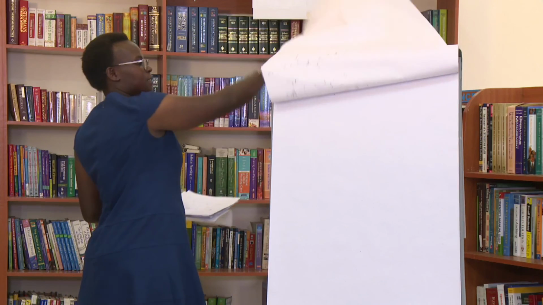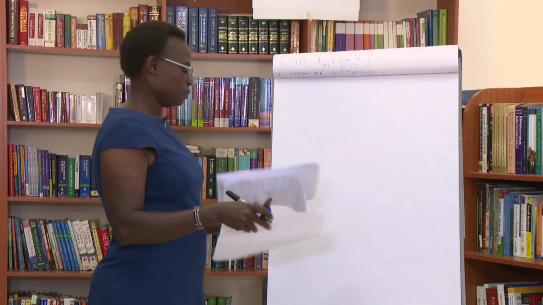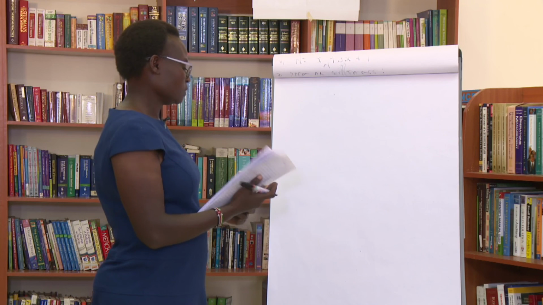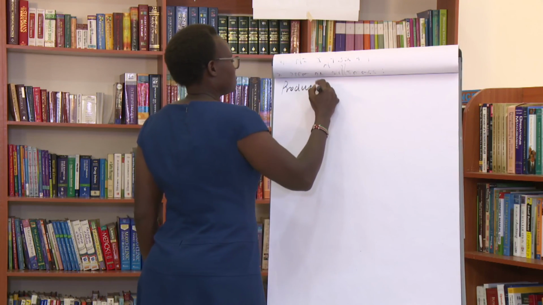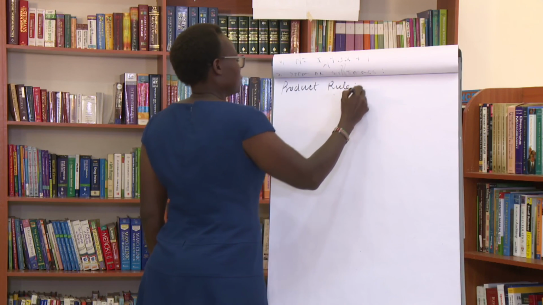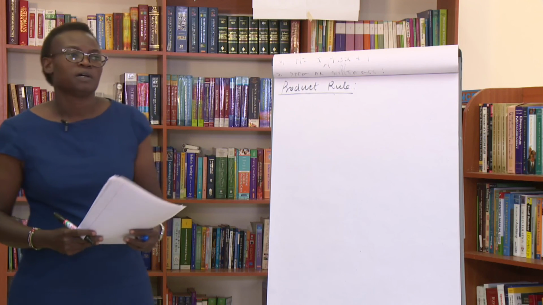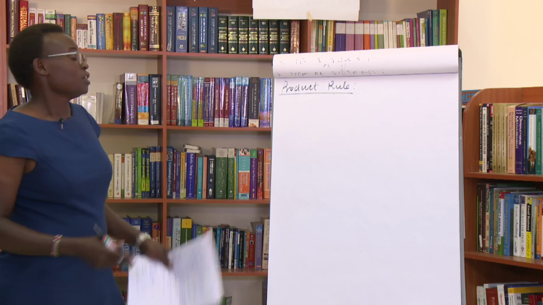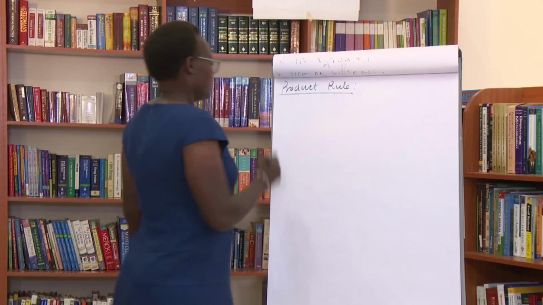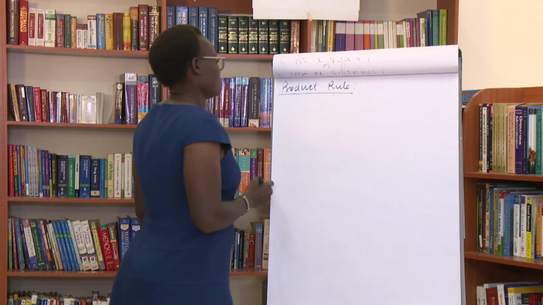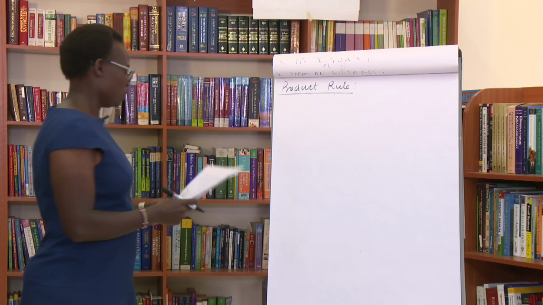We go to the next: the product rule. The product rule is used when you're supposed to get the derivative of a function that is a product of two functions. Maybe we give it an introduction.